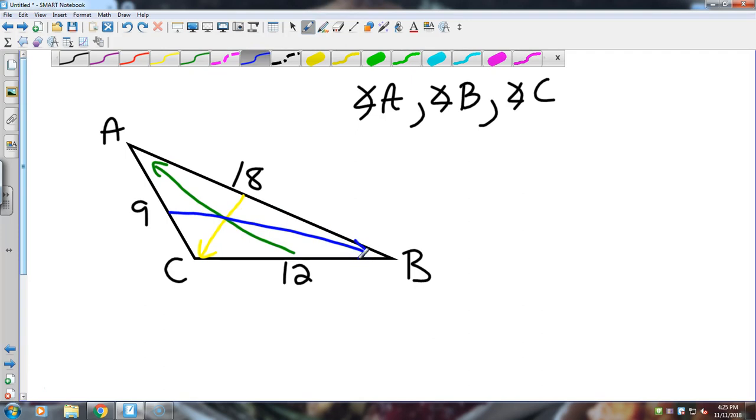So that means, in order, our smallest angle is angle B. Our next angle is angle A. That's our middle one. And then, obviously, that leaves us for our last one. Which color did I do? I did yellow, which would be angle C.